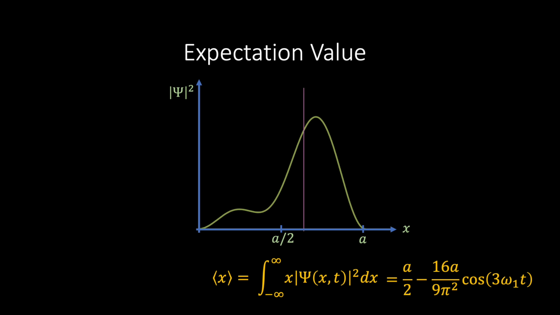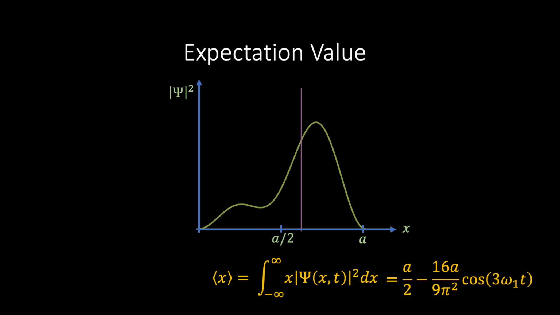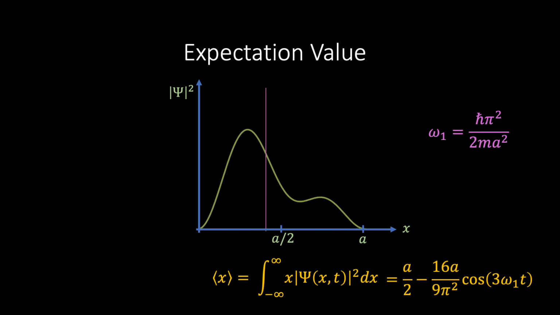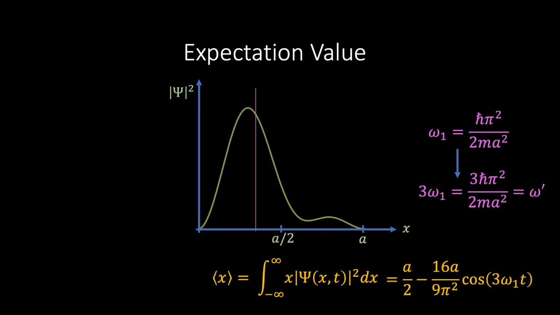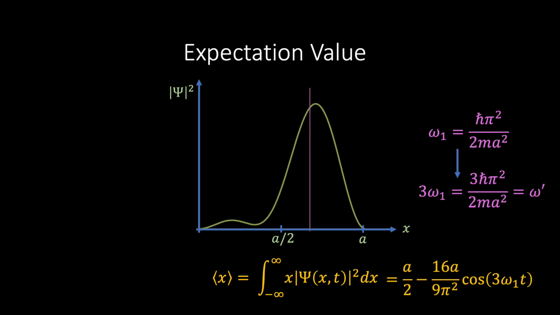In fact, we can calculate this oscillation frequency. If you recall from earlier, we found that the angular frequency corresponding to the ground state was given by the following expression, and therefore 3ω₁ is simply 3 times this, and we will label this angular frequency ω′.